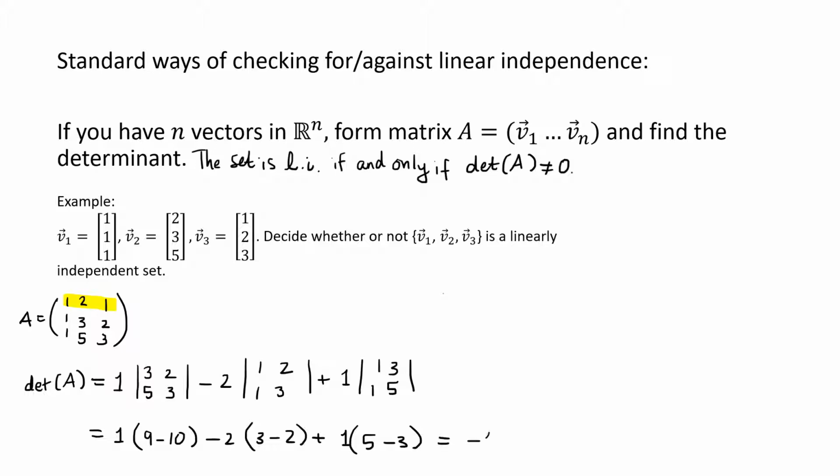Or negative 1 minus 2 plus 2. Our determinant is negative 1, which is not equal to 0. So our set is linearly independent.